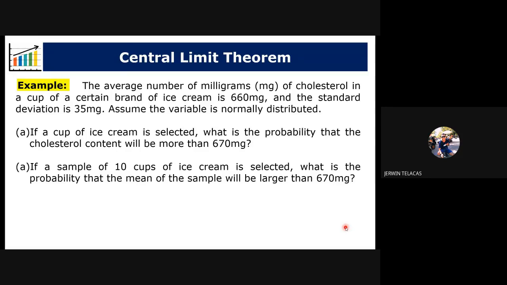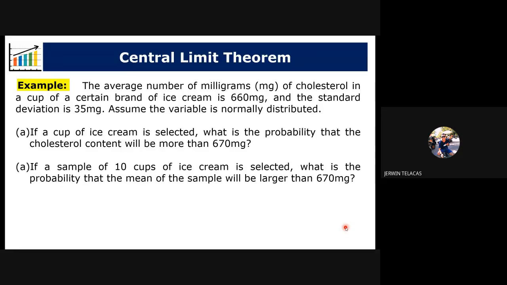For the second question, it says here, if a sample of 10 cups of ice cream is selected, so what if you take 10 cups? So the first question is just one cup. Okay? But in the second question, what if we take 10 cups? What is the probability that the mean of the sample will be larger than 670 milligrams? Okay. So what is the difference between these two questions? In the first question, we don't consider a sample.